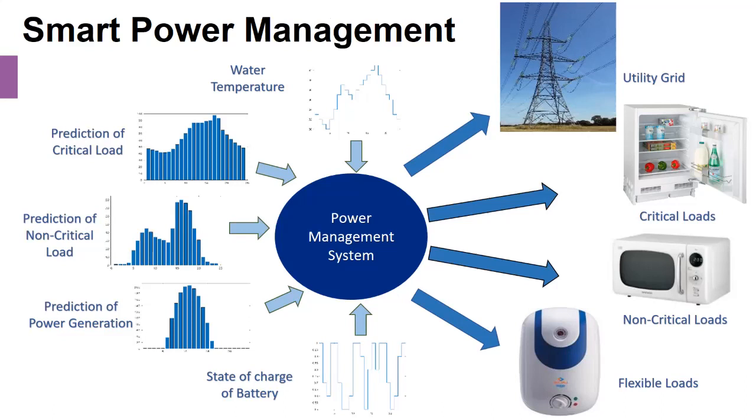The predicted value gives a picture of future power surplus and power shortage, and based on this information, the algorithm will manage the loads and decide to save energy in the battery or trade with the utility grid.